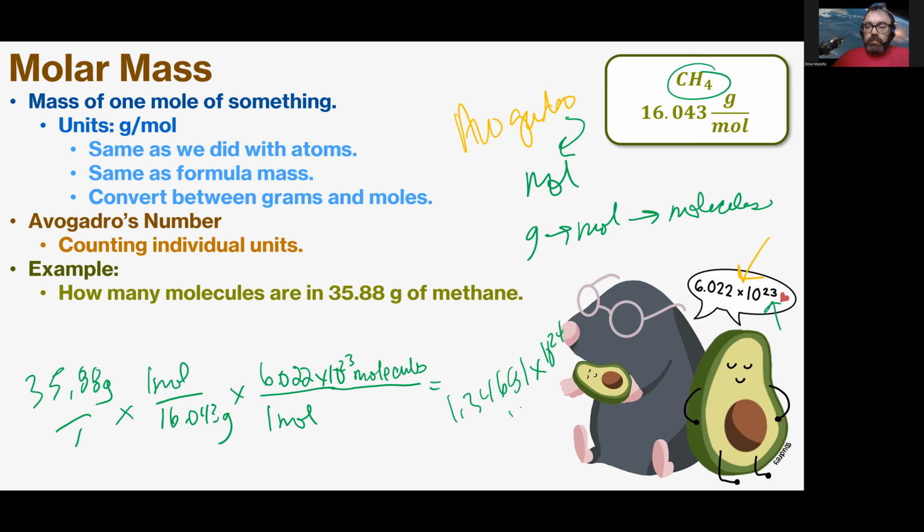And this is molecules. If we look at our data, we need 4 significant figures here. So let's round this: 1.347 times 10 to the 24th molecules.